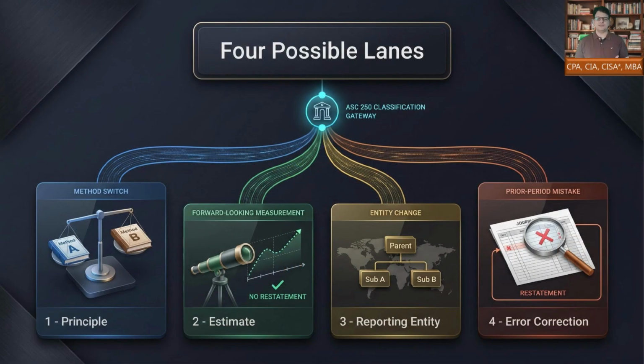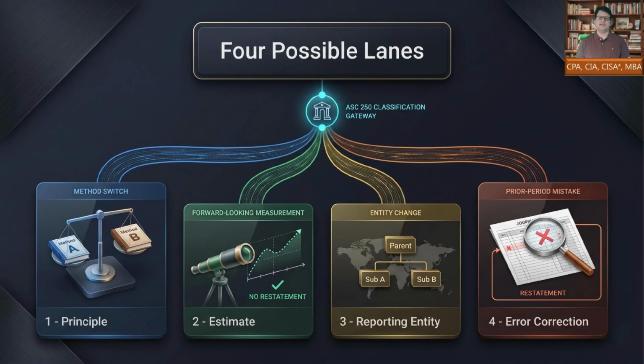ASC 250 gives us four possible lanes. The first lane is a change in accounting principle where one acceptable method is replaced by another acceptable method, usually with a preferability justification. The second lane is a change in estimate where new information updates a measurement such as useful life, bad debt rate, or warranty percentage.